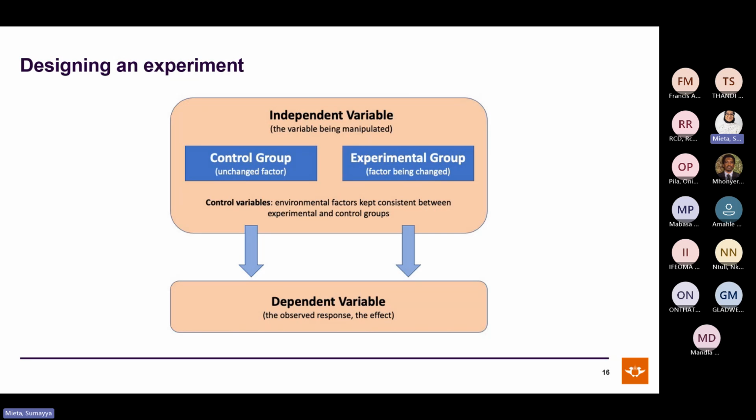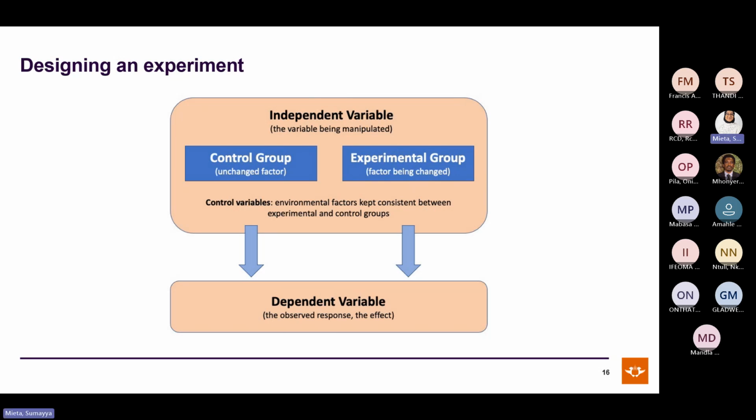It might be that we have incorrectly identified the independent variable. And to be able to check that, we have a group that is called the control group. And this control group is the group that basically is the baseline that says, okay, so we keep all of our variables the same. And what is the outcome that we see in the control group?